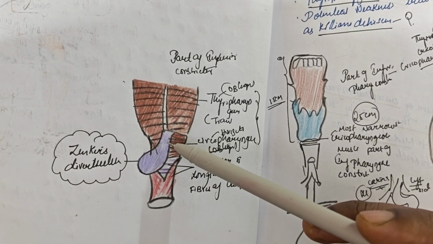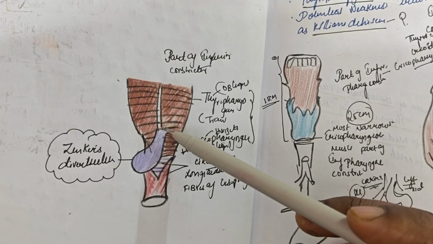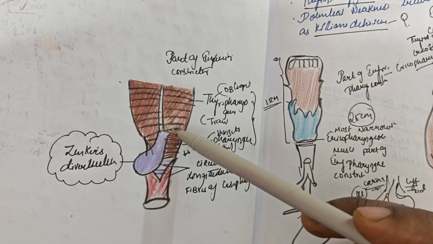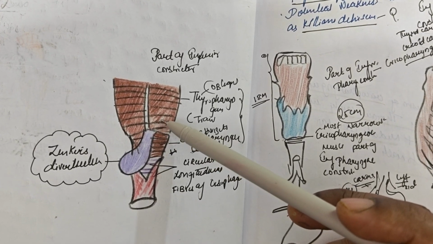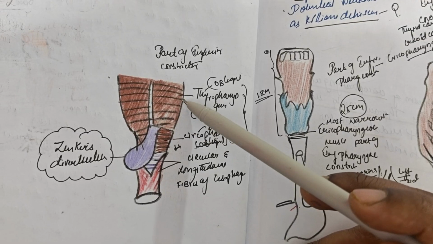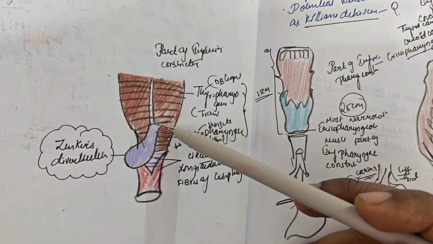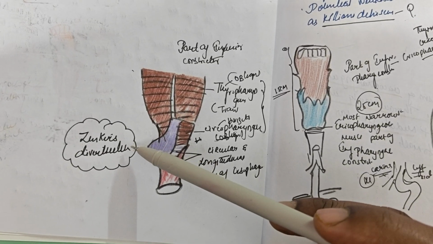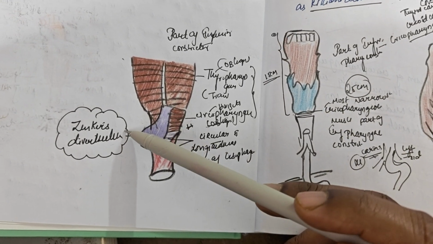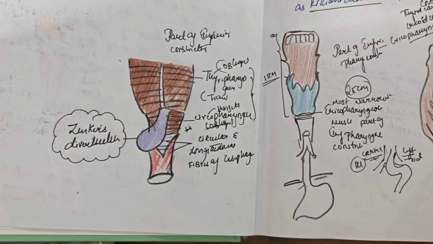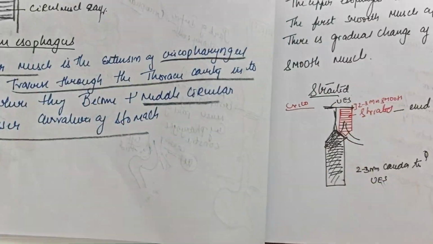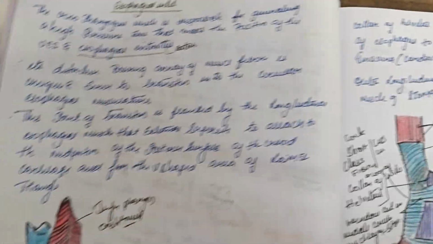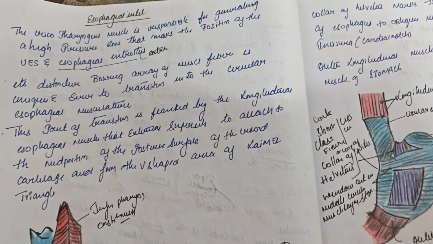This is known as a dehiscence, Killian's dehiscence. That means the potential weakness between the thyropharyngeus and the cricopharyngeus is known as Killian's dehiscence, and the diverticulum which comes out is Zenker's diverticulum. That's all you need to understand. The next thing is we need to discuss the esophageal inlet.